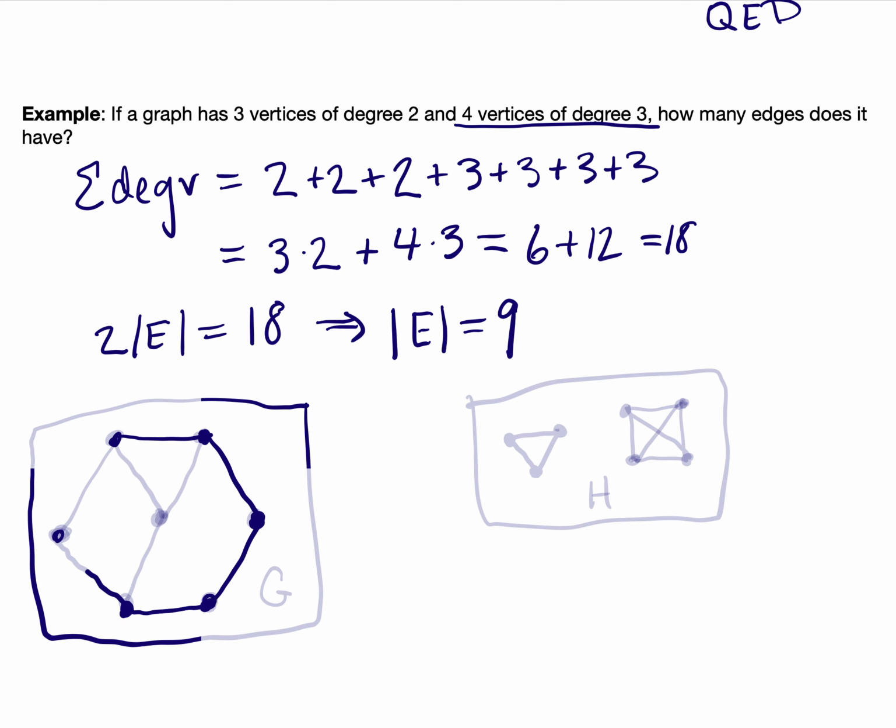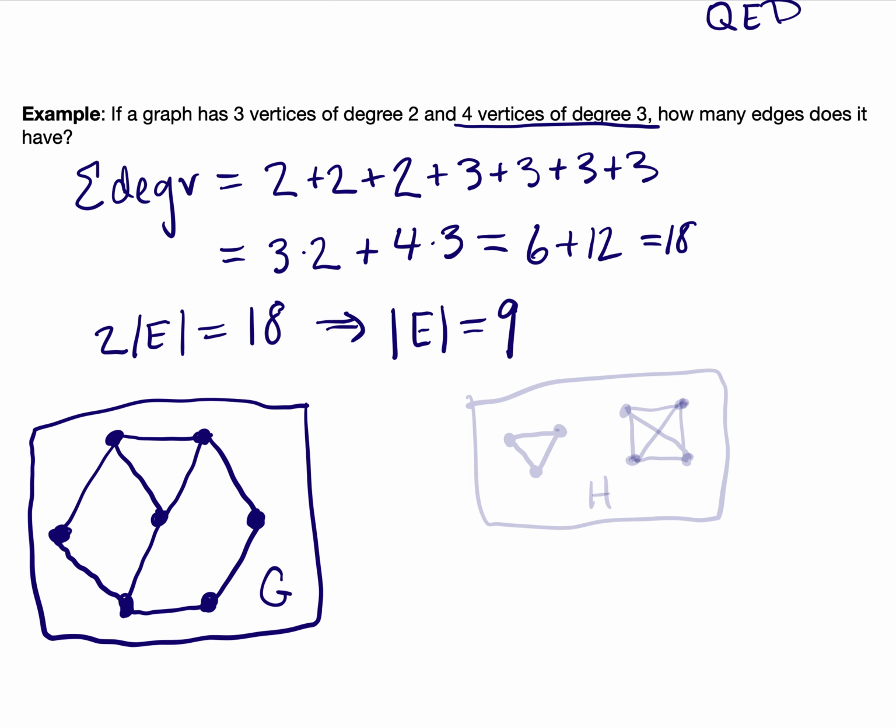So far, each of these vertices has degree 2, and then we could put one vertex in the middle and connect it to 3 of the vertices. So now we've got 1, 2, 3, 4 vertices of degree 3 and 1, 2, 3 vertices of degree 2. So there's one graph G that meets that criteria.